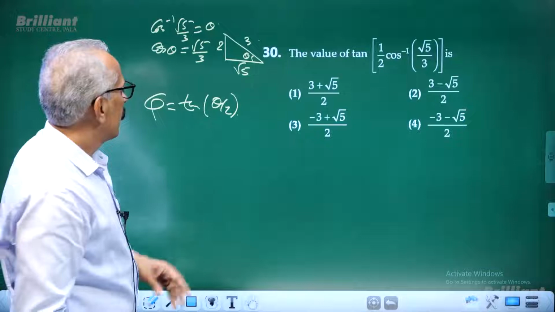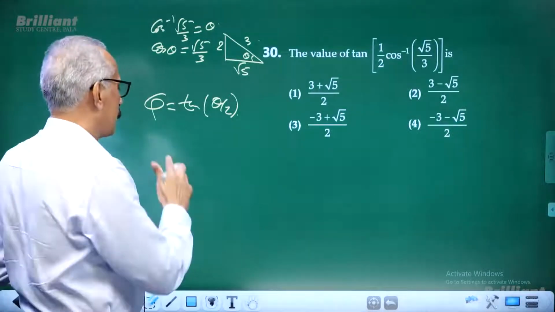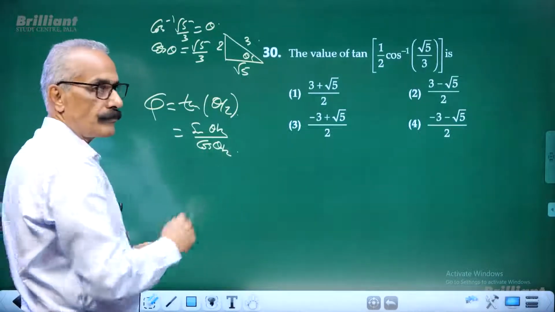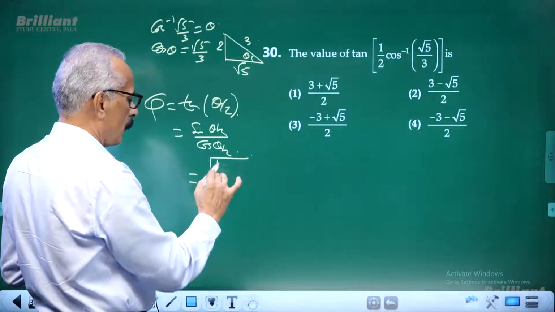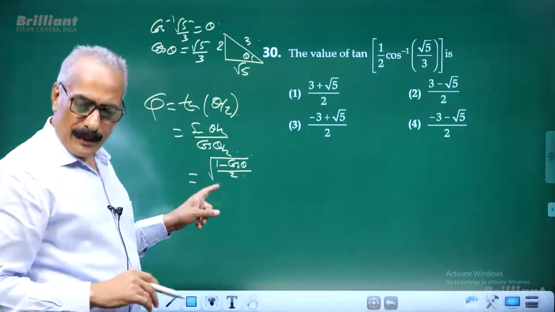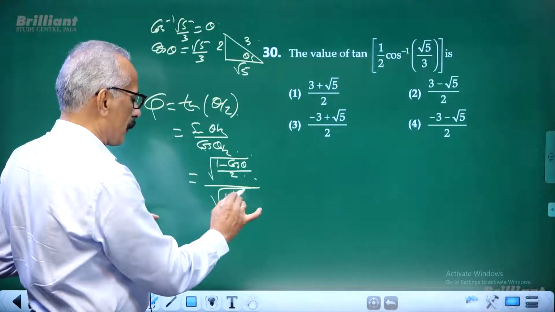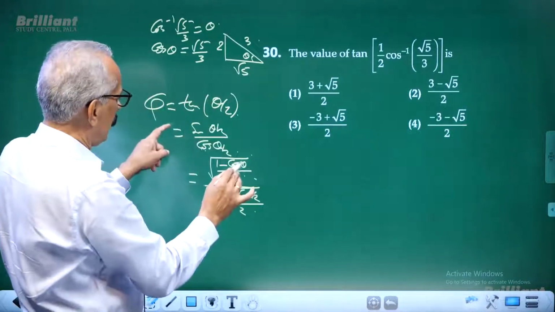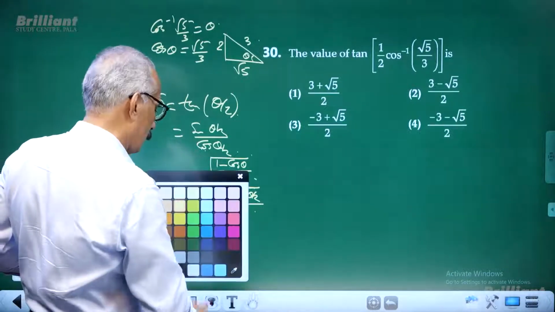You know cos theta. Tan of theta by 2, how do we write it in terms of cos theta? This is sin theta by 2 divided by cos theta by 2. Sin theta by 2 is root of 1 minus cos theta divided by 2, and cos theta by 2 is root of 1 plus cos theta divided by 2.